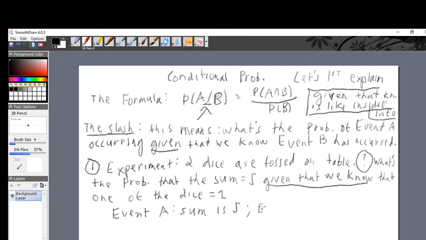Two dice are tossed on the table. What's the probability that the sum is 5? That's going to be event A. And event B is that we know that one of the dice is equal to 1.